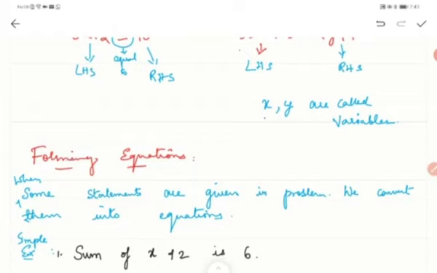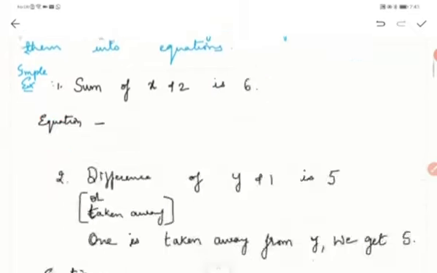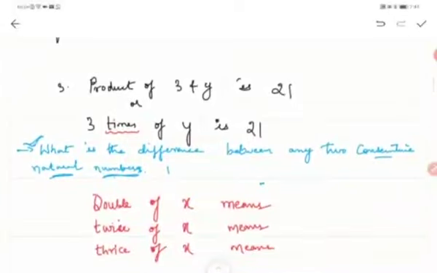Do you remember, students, in the chapter 1 unit test, I had asked you, the first question was, what is the difference between any two consecutive natural numbers, isn't it? So this is a question. Here they're asking, you know your natural numbers, right?